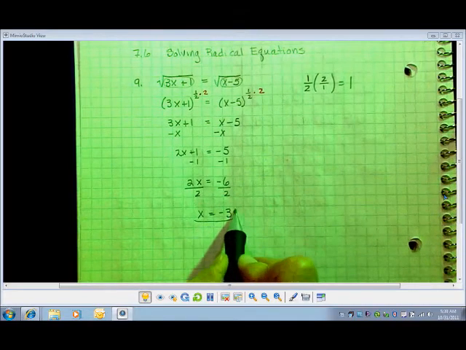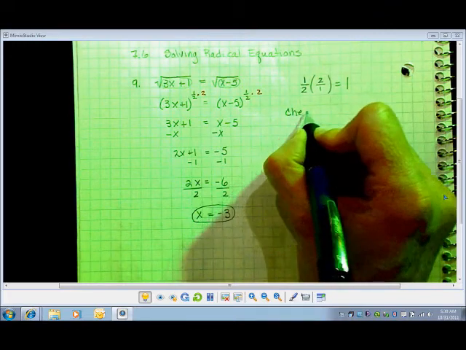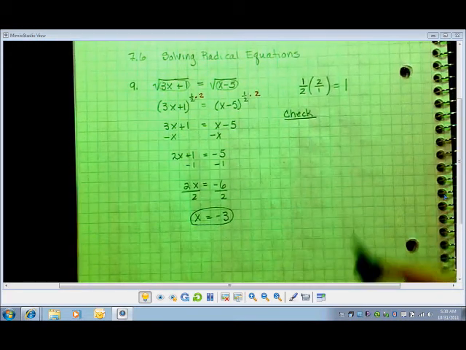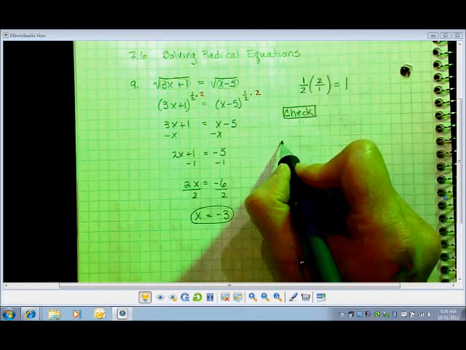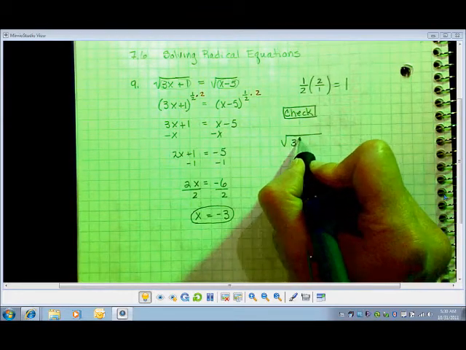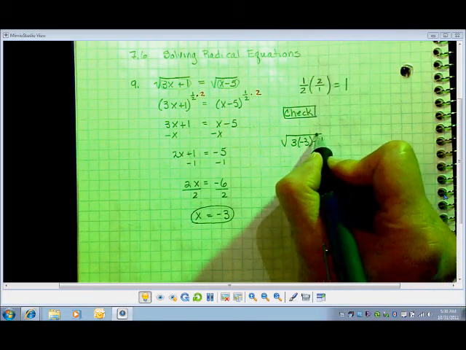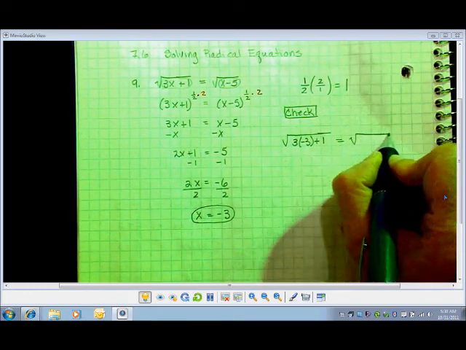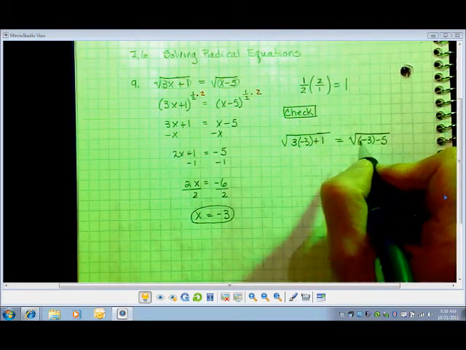So now I need to check to see if in fact negative 3 is a solution. So I'm going to put that negative 3 back into my original problem in place of the x. I have to do it to both sides.